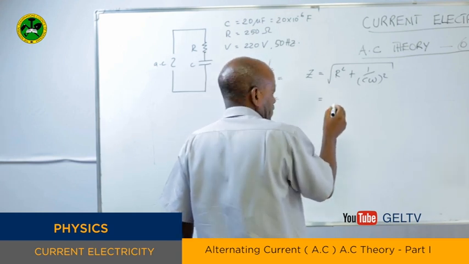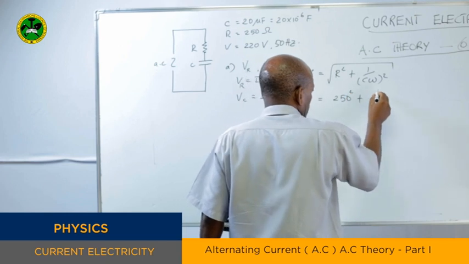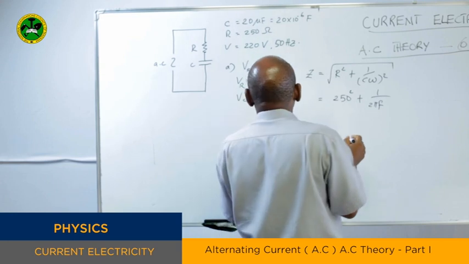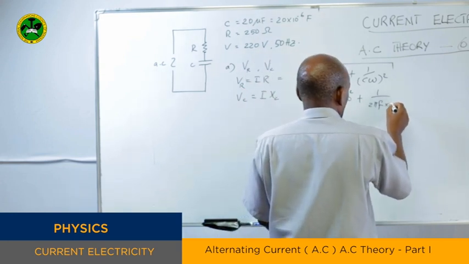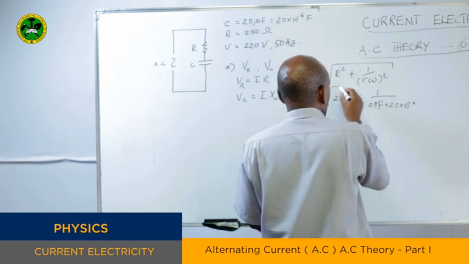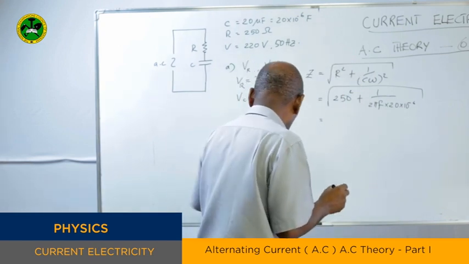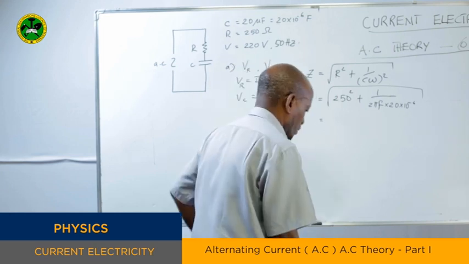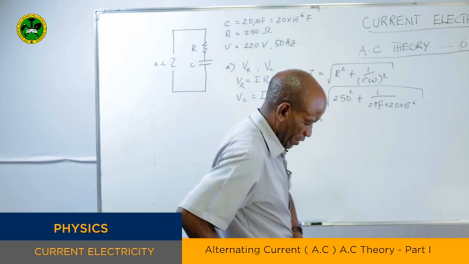The value for the resistance is 250, which we square, and the capacitive reactance is 1 over 2 pi f times C. C is 20 microfarad, that is 20 times 10 power minus 6, and we take the square root of that to obtain the total impedance.